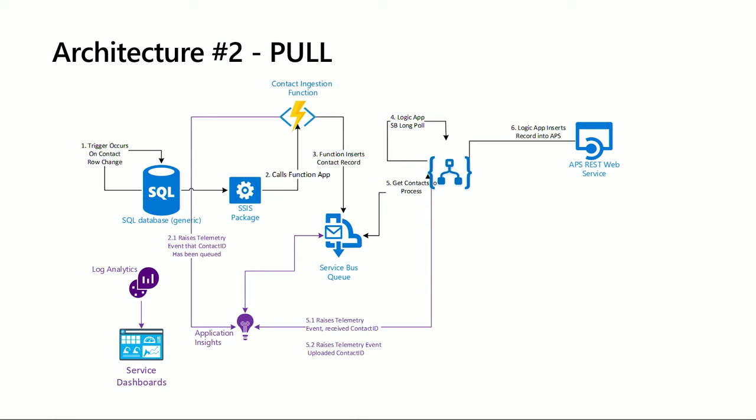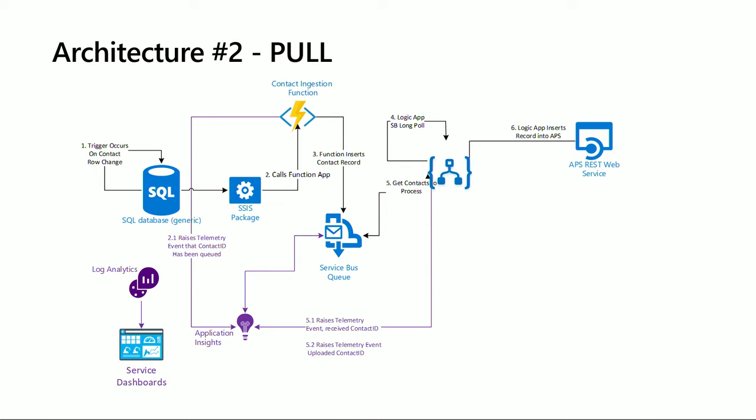Now, for those of you who don't really know that much about logic app pricing and charging, every time you fire an action in a logic app, you get charged. So because that logic app is polling, every time it polls, there's a pay-to-play, cost per click ramping up there.